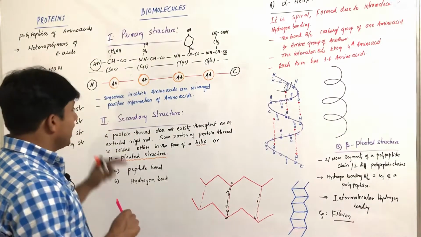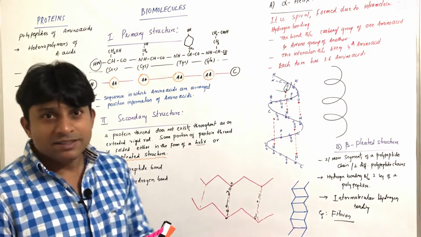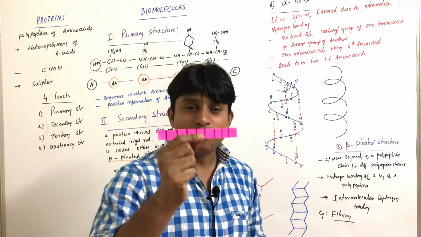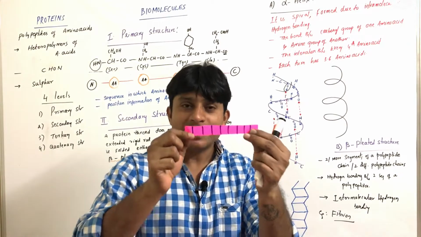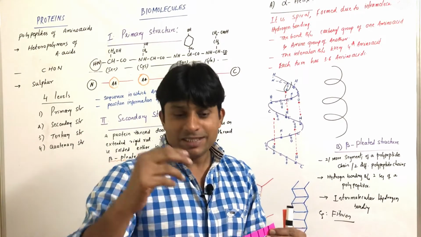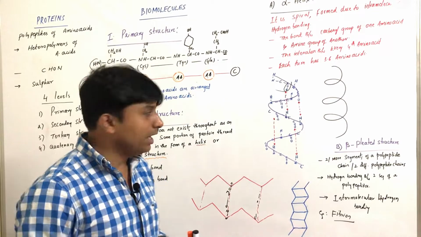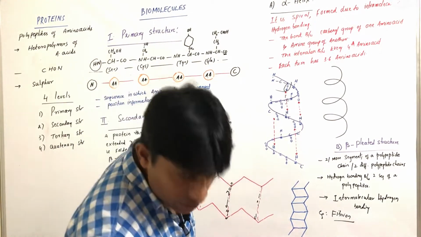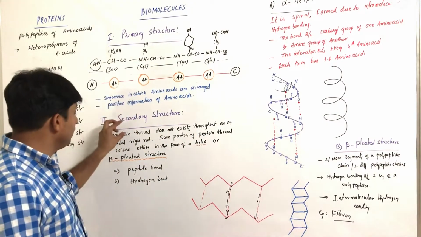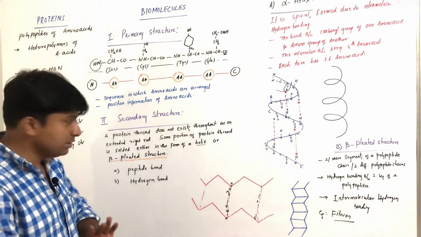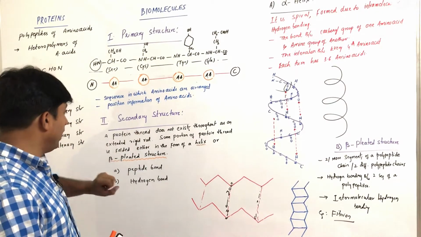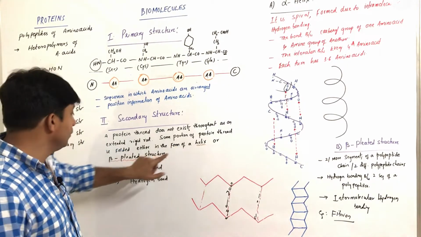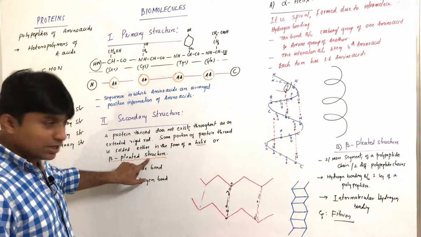Okay, right. So next, every time the protein does not exist as a rigid rod like this, some portions of this rod get folded, and this is called the second level in the structure of the protein. That is called the secondary structure. How does this happen? In secondary structure, the protein thread is folded in some portions. Due to this folding, the protein can exist in either an alpha helical form or a beta pleated structure.